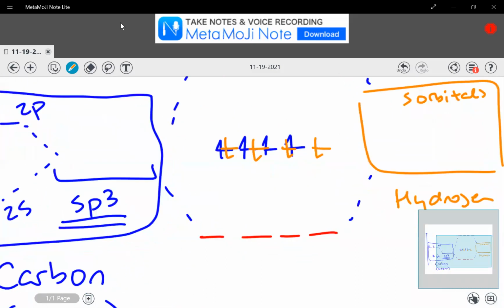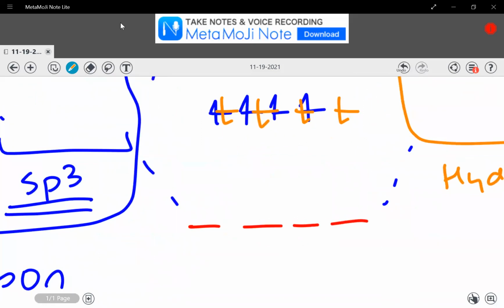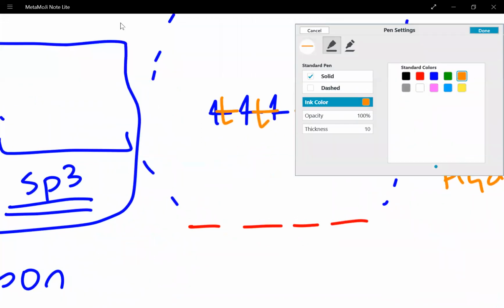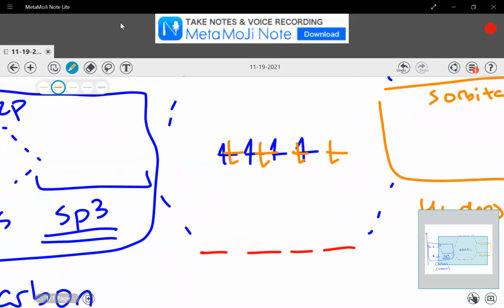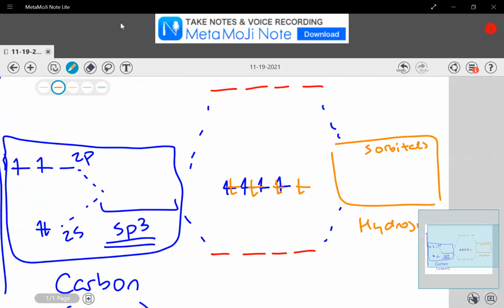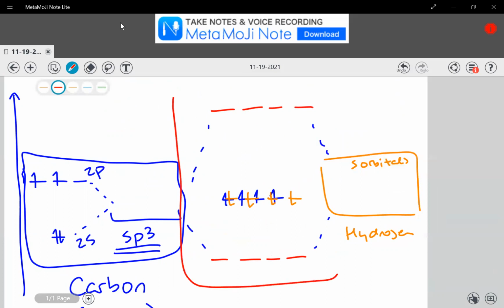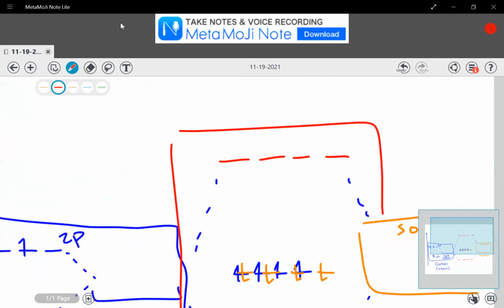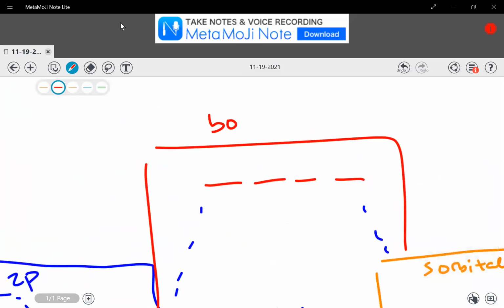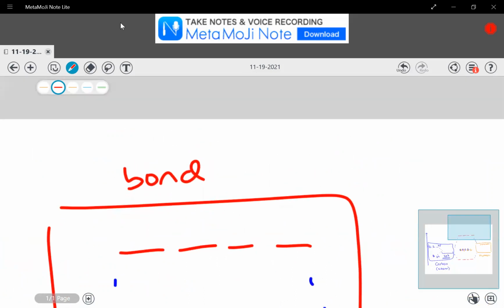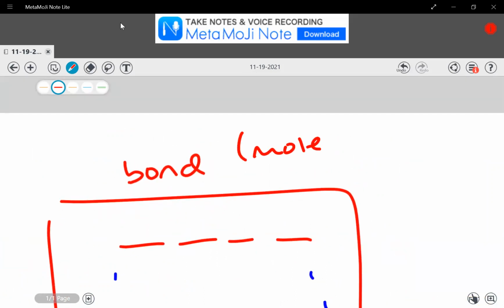So in this case, we have our carbons right here in blue, which combined with our hydrogens in orange, creating a new land known as a bond. Or you can also call it the molecular orbital. Up to you.